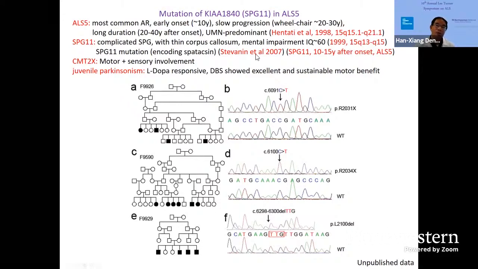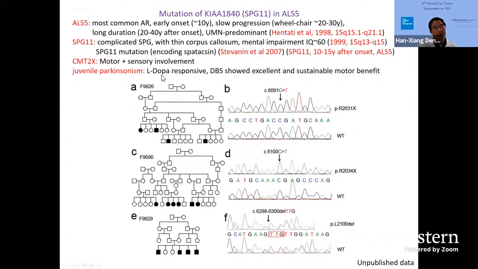In addition to motor neuron involvement, they may also have sensory involvement. Some families were characterized as Charcot-Marie-Tooth disease type 2, and in some families or patients, they show juvenile Parkinsonism.